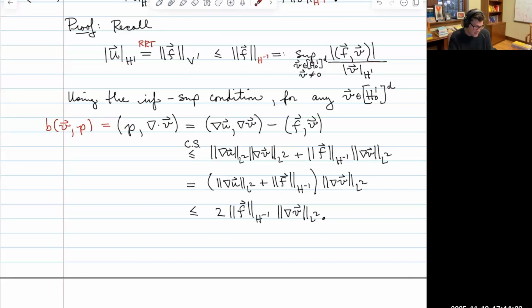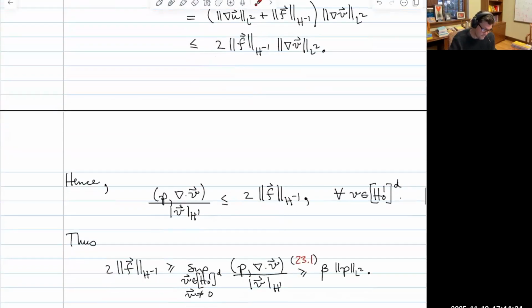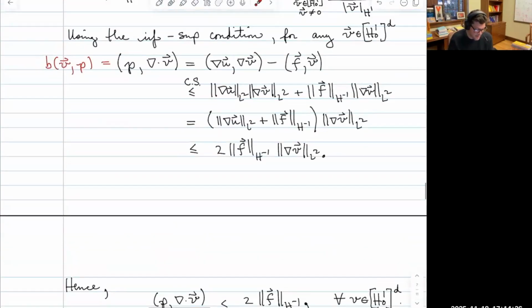So we can say that this is less than that, replace it there, and that gives us two operator norms with respect to f. All right, now that gives us an upper bound for objects which look like that.